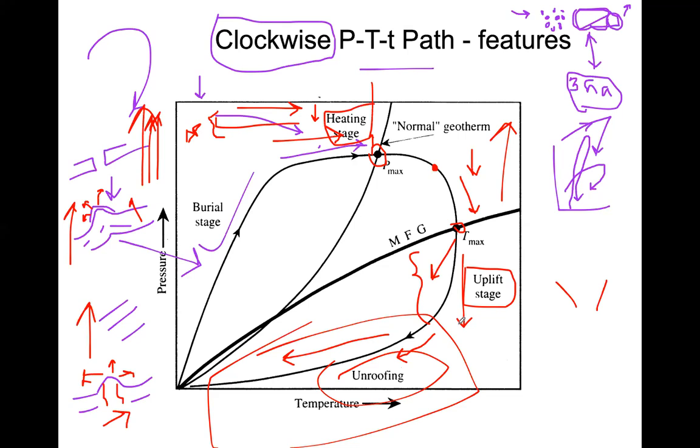Okay, so these are the characteristics of the clockwise PT path, which is the most common type of PT path we have in most terrains.